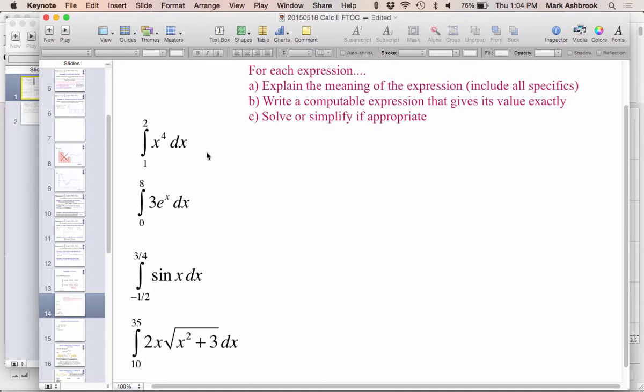It's just the total rate of the total change.